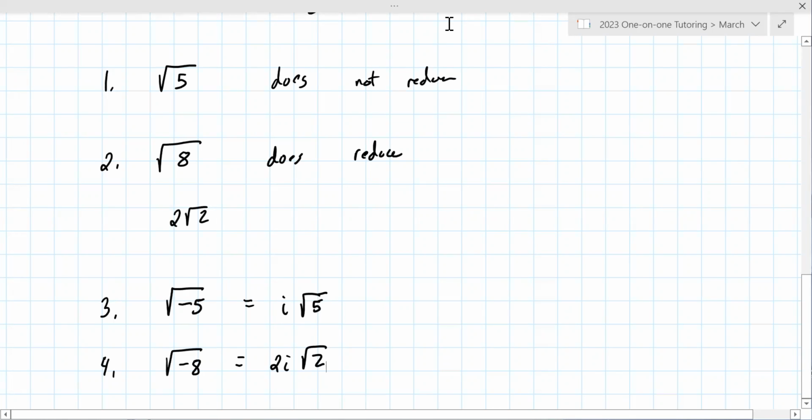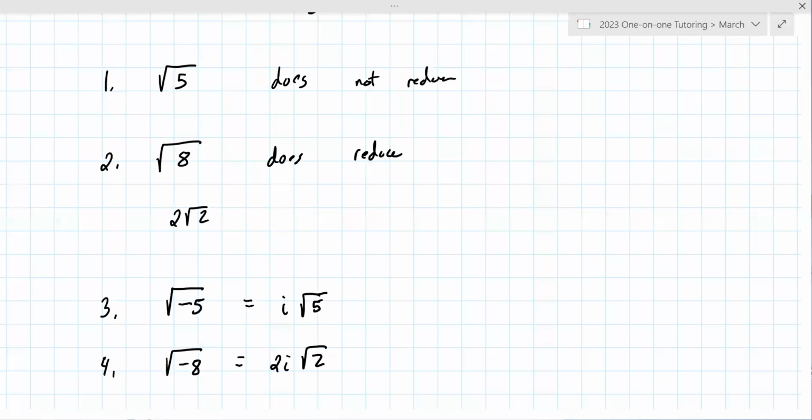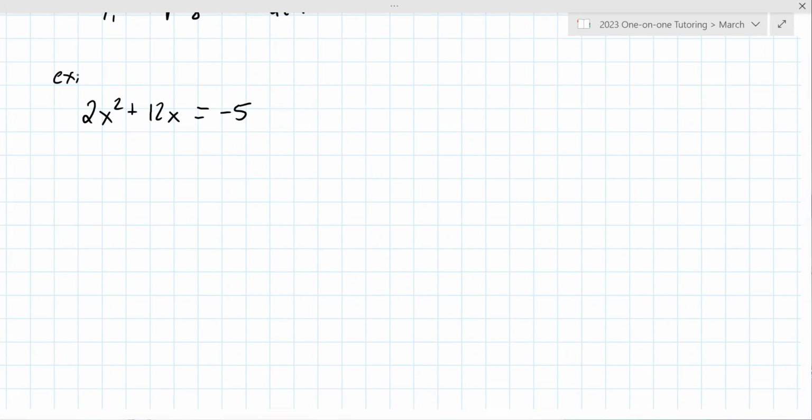So let's look at another problem here. 2x squared plus 12x equals -5. And in this example, one of the main differences between this problem and the previous problem is that there's not a 0 on the right hand side.